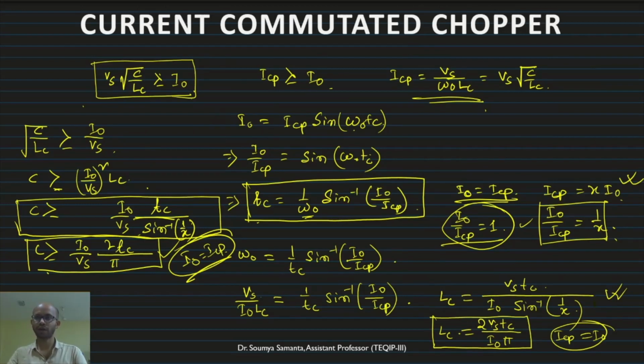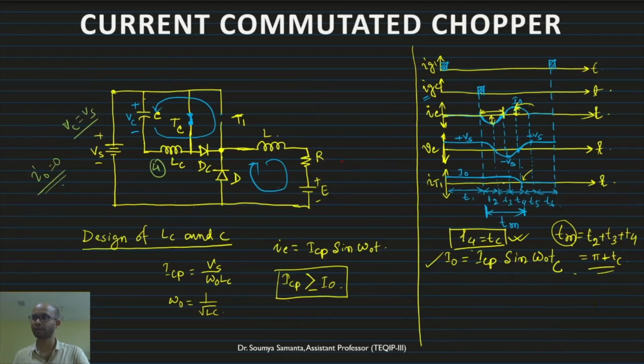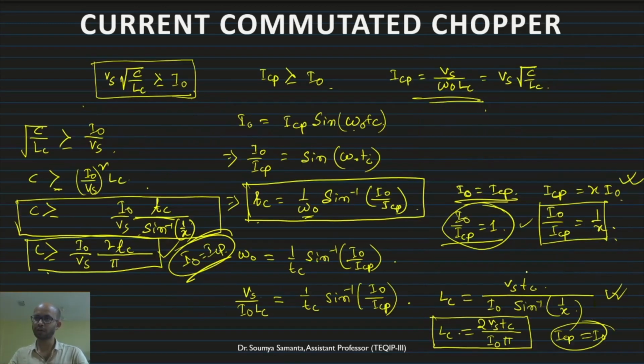So I think you can solve the problem. If you are asked to find the total time of commutation, which I have explained here, Tm is pi plus Tc. Once you find Tc, it will be added to pi. How to find Tc is what I have given here. And if C and Lc are given, you can find them.